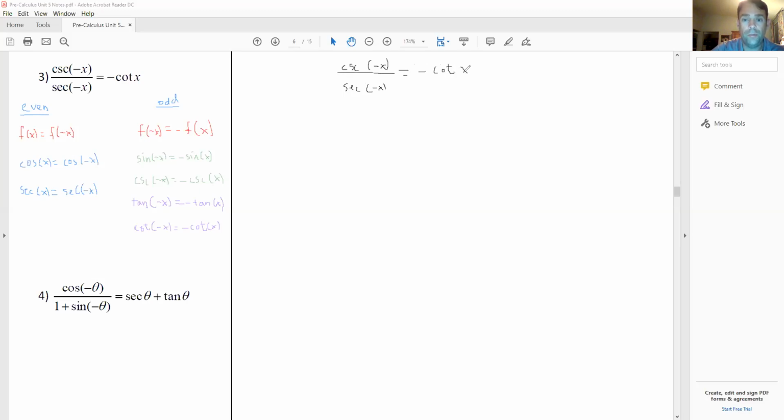So I see that I'm dealing with some even and odd functions, so I'm going to go ahead and make my trig substitution. Cosecant of negative x is equal to negative cosecant of x. And then secant of negative x is equal to secant of x.